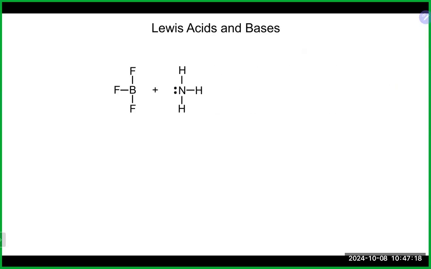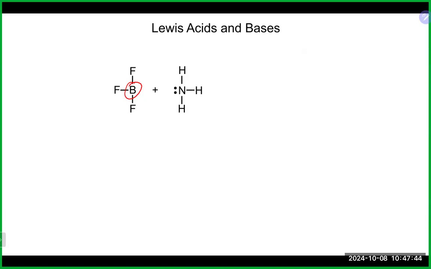Now, where Lewis bases really come into play in terms of acids and bases is that you could apply acid-base chemistry to something that does not involve a hydrogen, H plus, being transferred or accepted. In this case, there is no hydrogen that's going to be transferred, but we have boron, which, as you might know, has an incomplete octet. It has less than 8 electrons, and it is definitely electron deficient because of that.